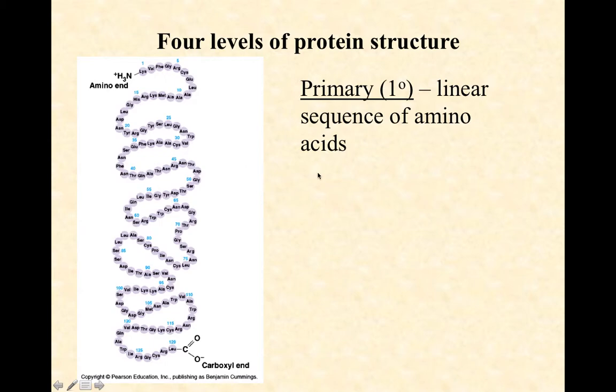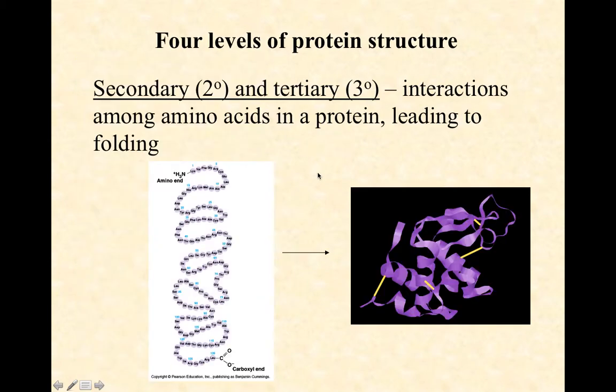All right, that folding that we see with all those interactions along the chain, we refer to as secondary and tertiary structure. If you take a more advanced course, then you'll learn the distinctions between secondary and tertiary structure. But for now, we're just going to lump the two together and talk about interactions among amino acids in a protein that leads to the folding.